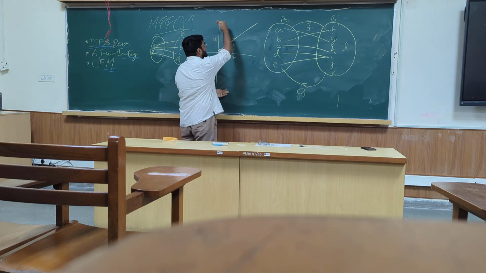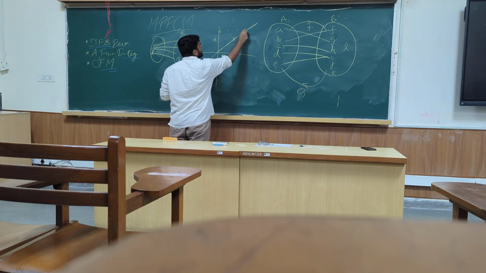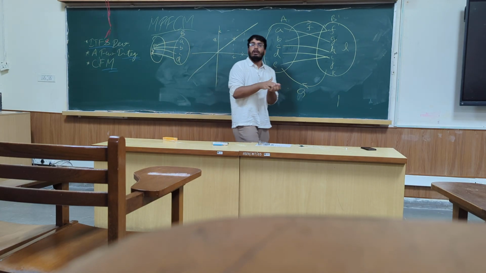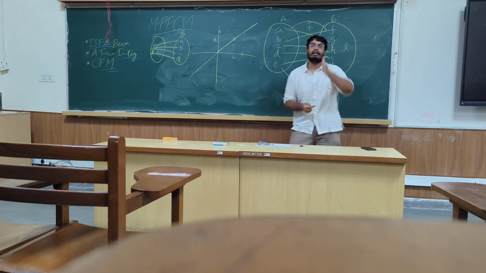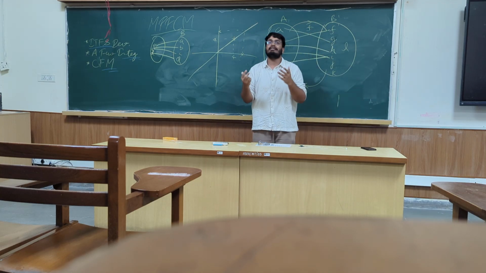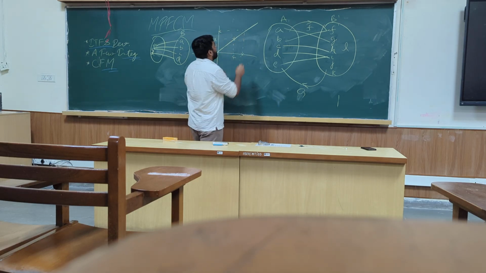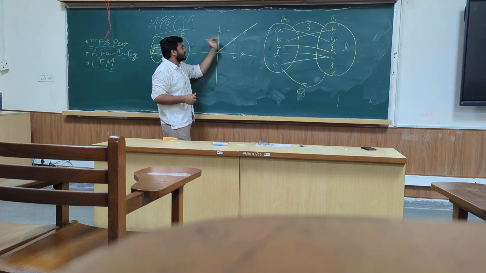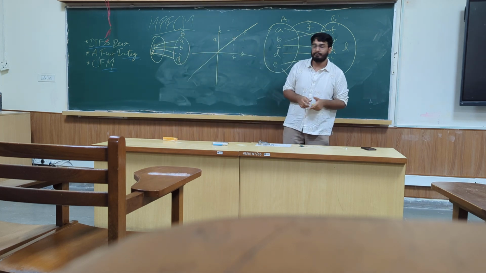So for all the x's and y's I have unique pairing, as in any y is linked to some x, but then that x is not linked to any other y. So there's a one-to-one correspondence, as in all the elements of this set are linked to all the elements of this set, such that each pairing is unique in some sense. You cannot pinpoint any point on this line such that the x coordinates or the y coordinates would be the same. So this is a bijective function.